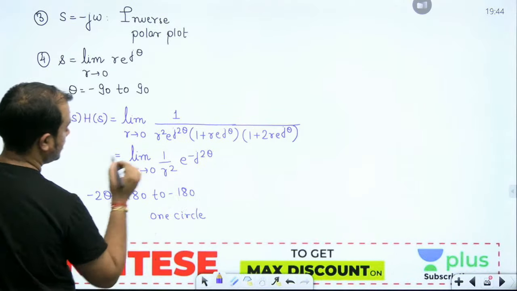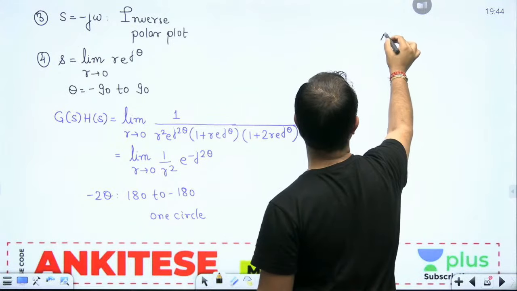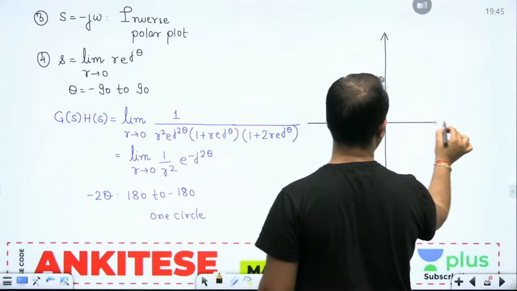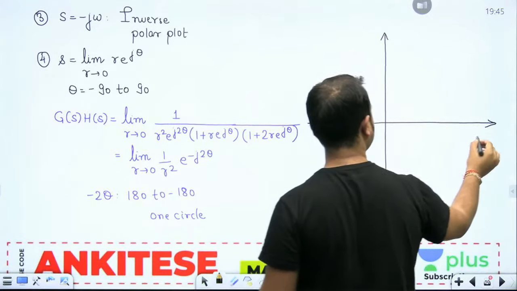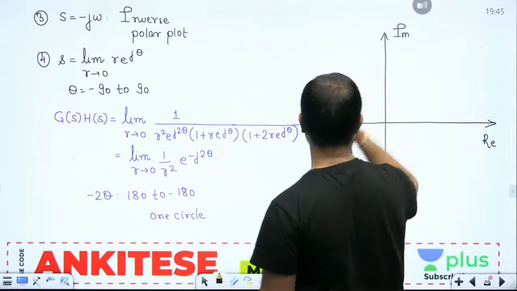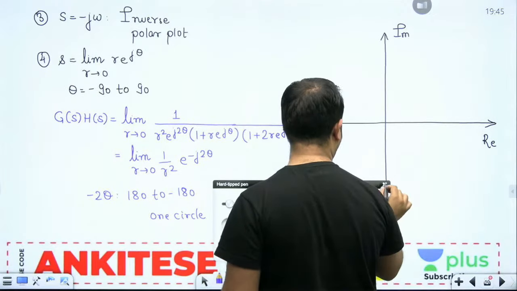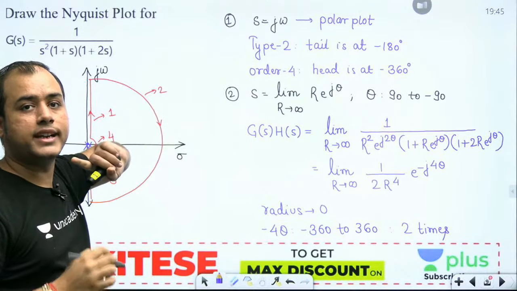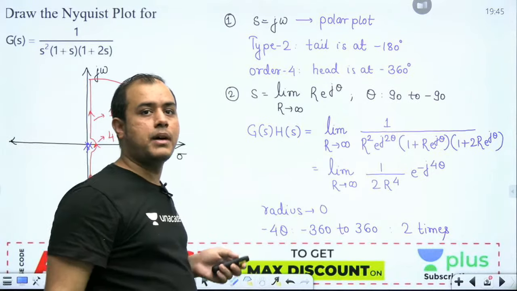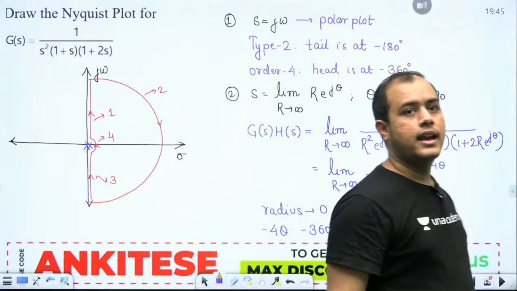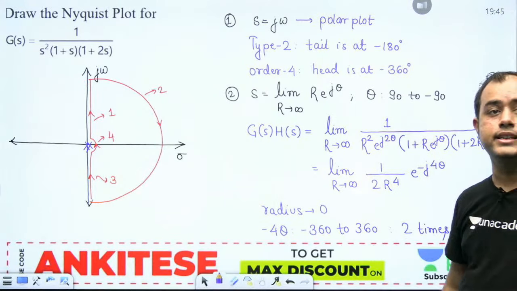Now, how does this plot look like? The plot starts, the tail is at minus 180, and the head is at minus 360.